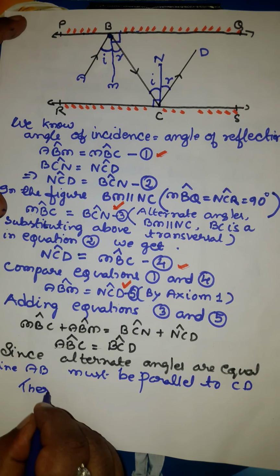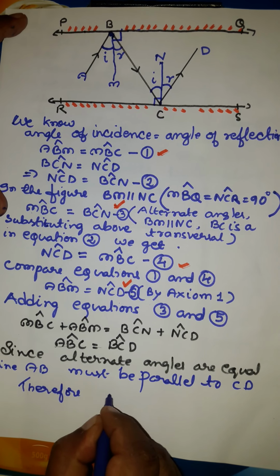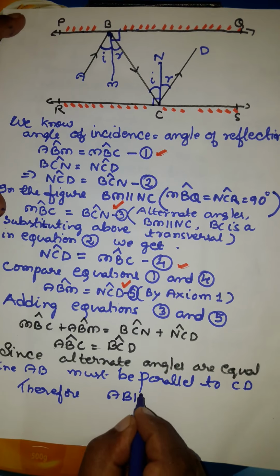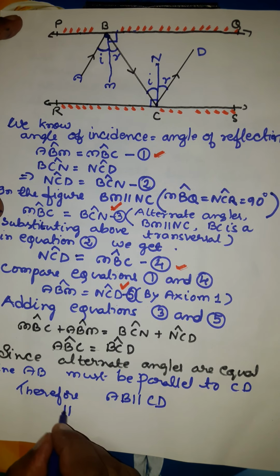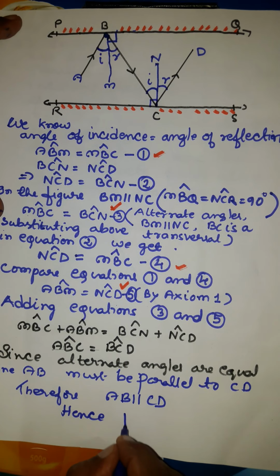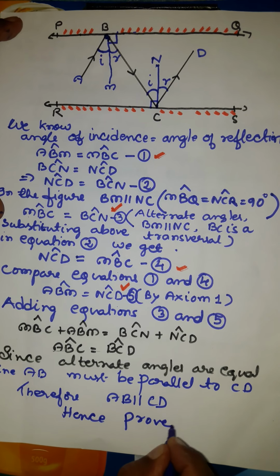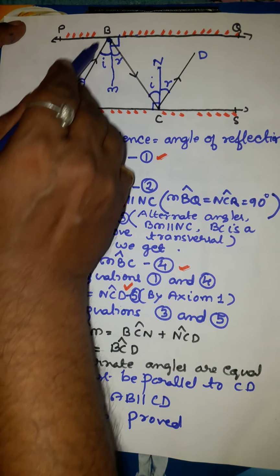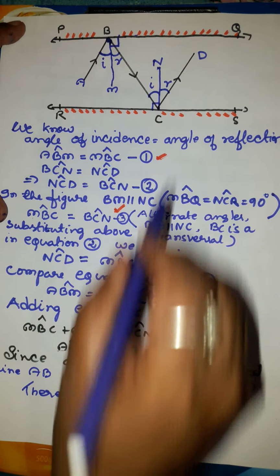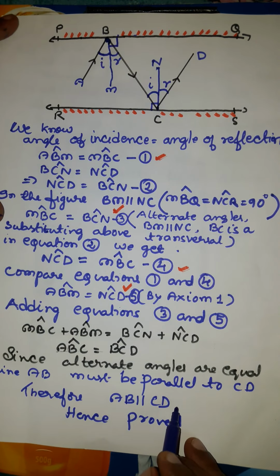Therefore, AB is parallel to CD, hence proved. So, what were we supposed to prove? AB parallel to CD. We have proved AB parallel to CD.